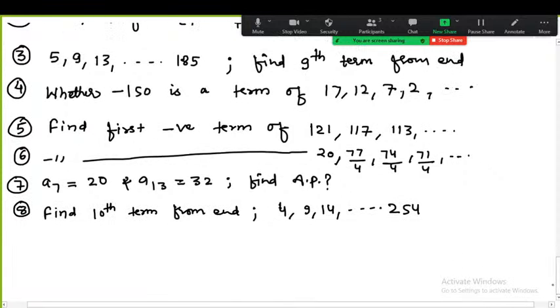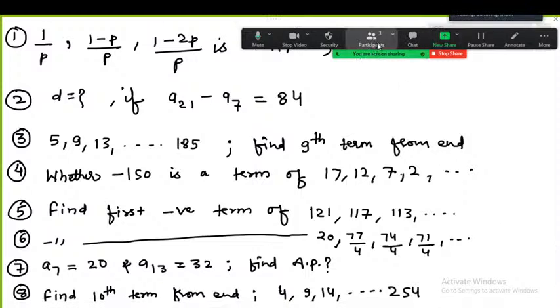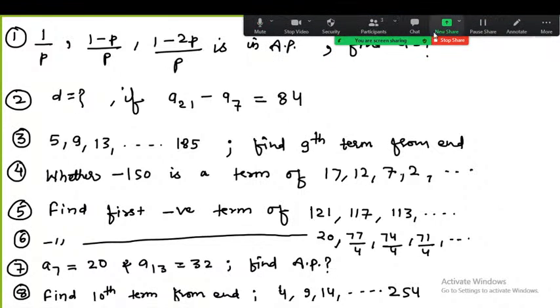Similarly, a question may be like this: how many 2-digit numbers are divisible by 6? We will cover those questions in much more detail in the next class, no issue, but I want you to solve these now.